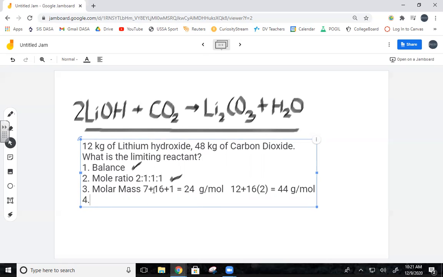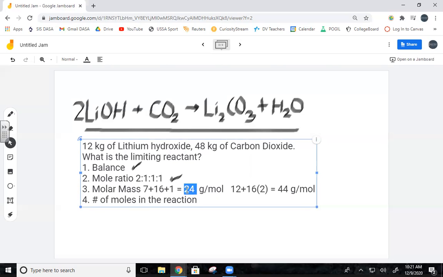Step 4. And I think this is where a lot of people start getting lost. We need to determine the number of moles in the reaction. Okay?